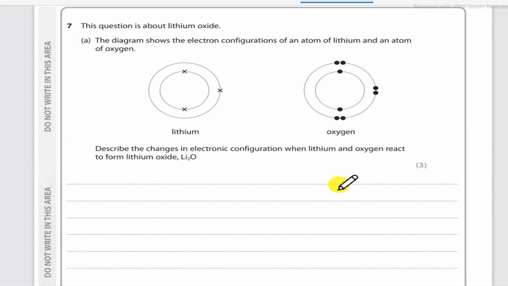The diagram shows the electronic configurations of an atom of lithium and an atom of oxygen. Describe the changes in electronic configuration when lithium and oxygen react to form lithium oxide.